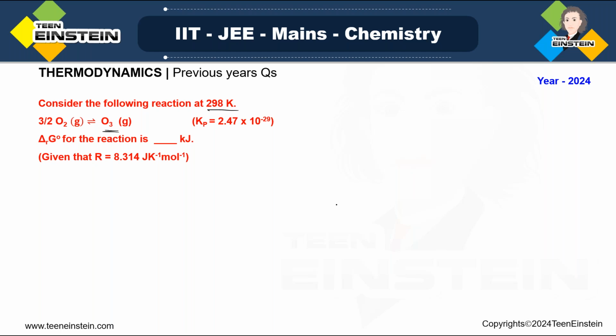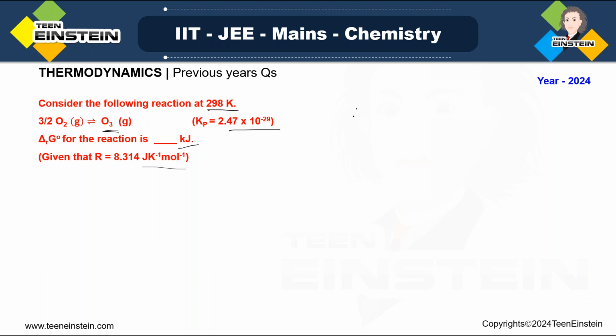Temperature given 298 Kelvin and Kp value given 2.47 times 10 to the power minus 29. We have to find delta r G, the Gibbs free energy change for this reaction, in kilojoule unit, and R value given 8.314 joule per Kelvin per mole.